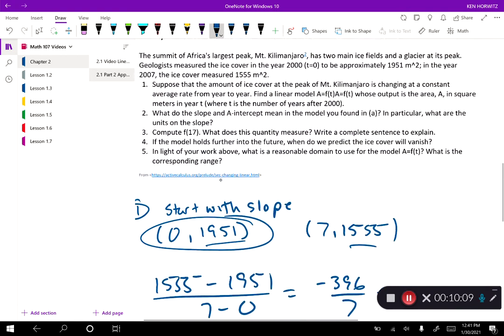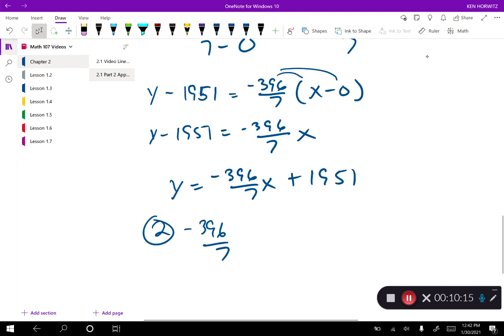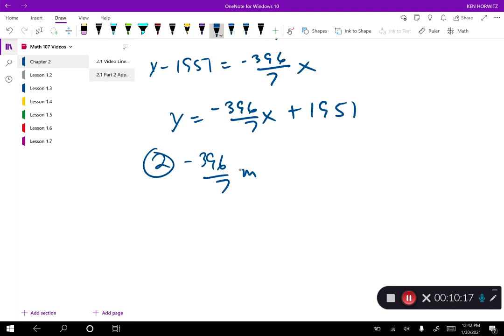The units are meters squared, because that's how much ice is decreasing. We have area of ice decreasing. And what it means is the ice is melting at a rate of negative 396 divided by 7 meters squared each year, starting in the year 2000.